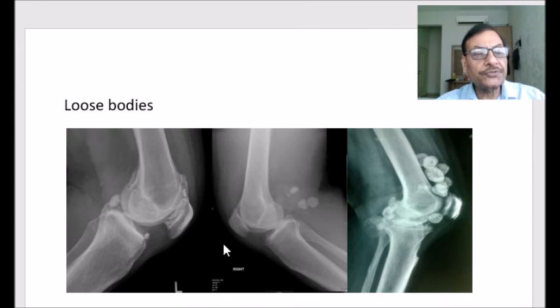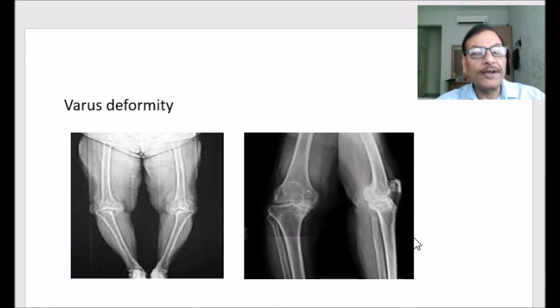Loose bodies, see the loose bodies, and here there are multiple ones. The varus deformity: see the longitudinal axis of the femur and the longitudinal axis of the tibia, actually it should be a little valgus. Now it has become varus.